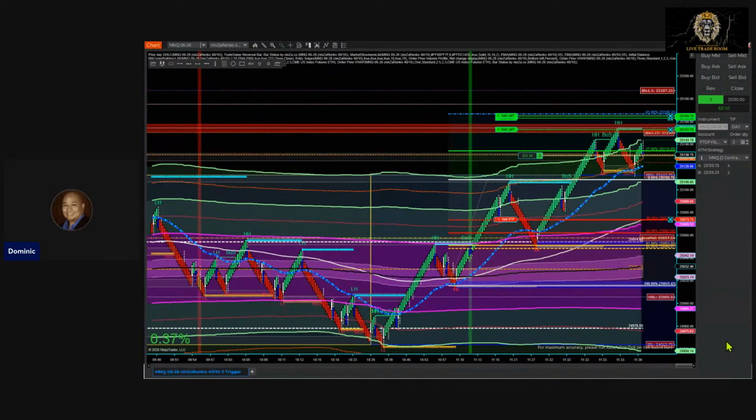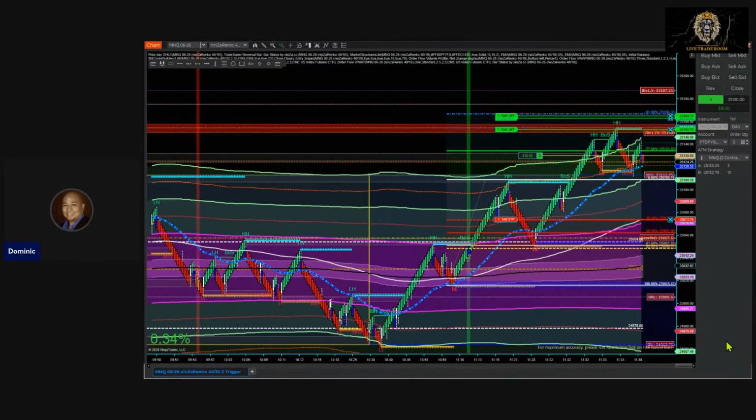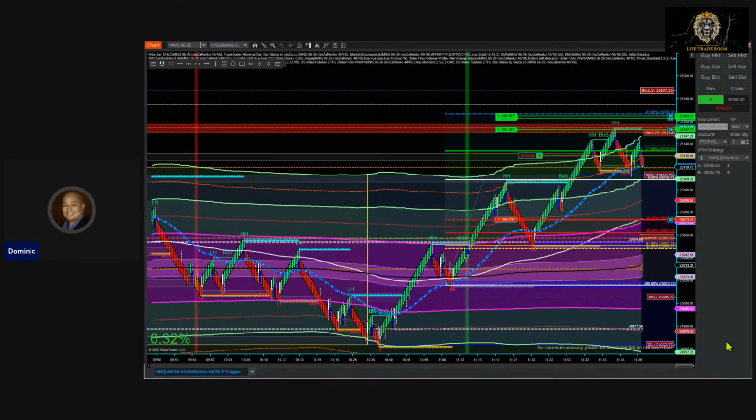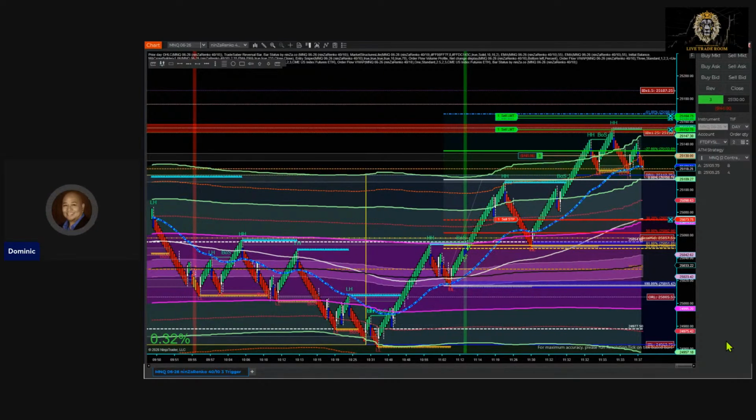Come on, hit that. 20, hit that. Go another way. 61. It needs to go another way. Where is it going?